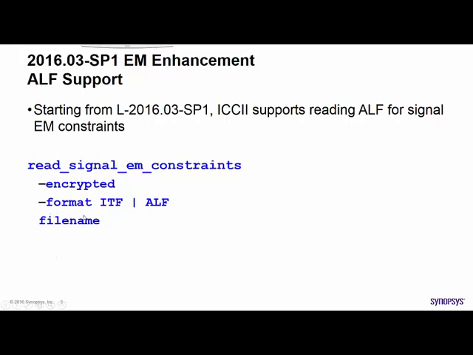It specifies the EM file format. The supported formats are ITF and ALF. If this option is not specified, the data will be read as ITF format by default. This option is exclusive with the other option -encrypted.